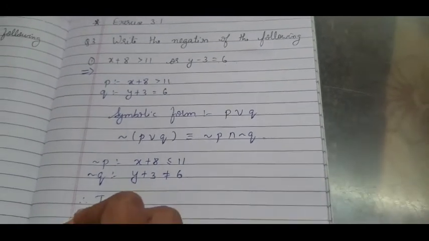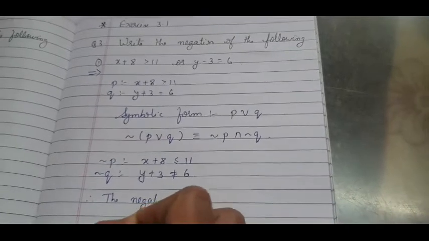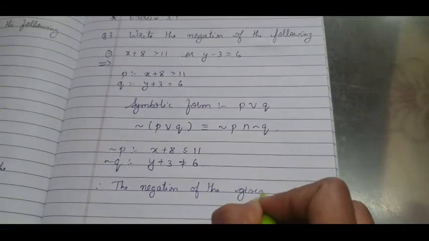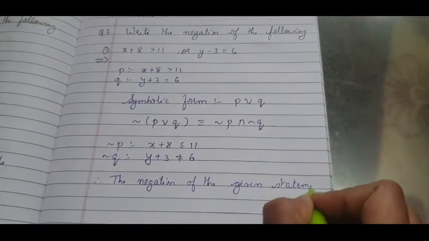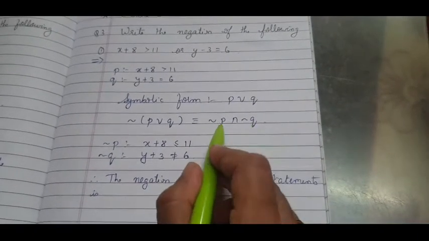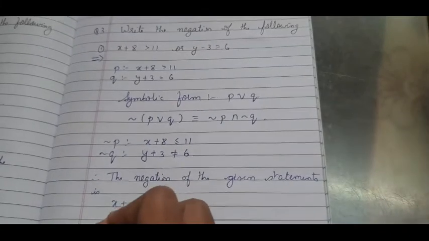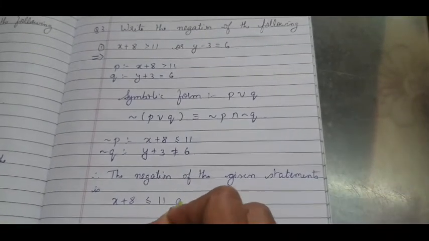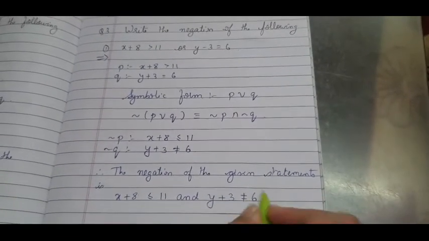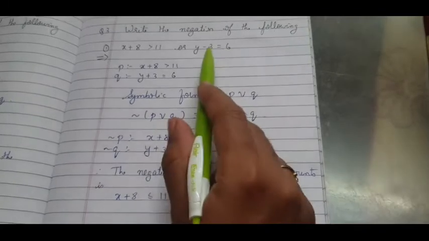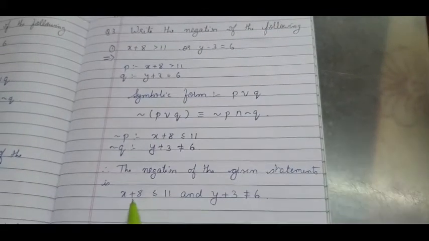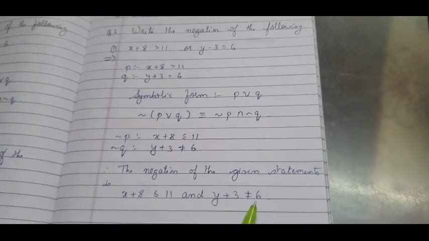Therefore, the negation of the given statement is negation P and negation Q: x plus 8 less than or equal to 11 and y plus 3 not equal to 6. So here we have calculated the negation of this compound statement.